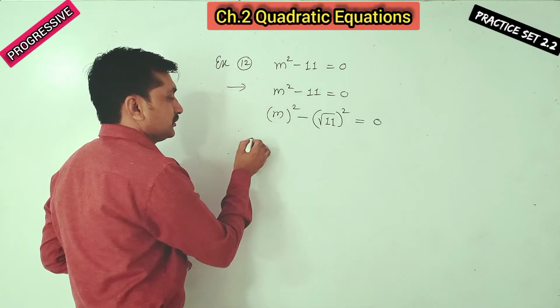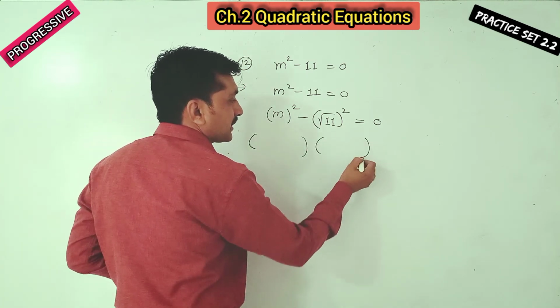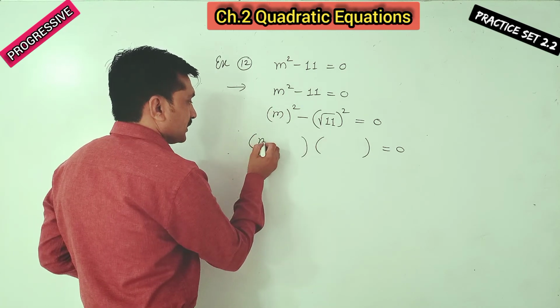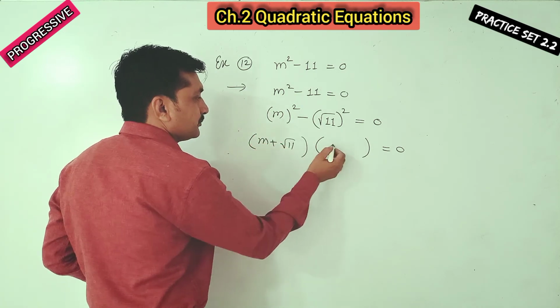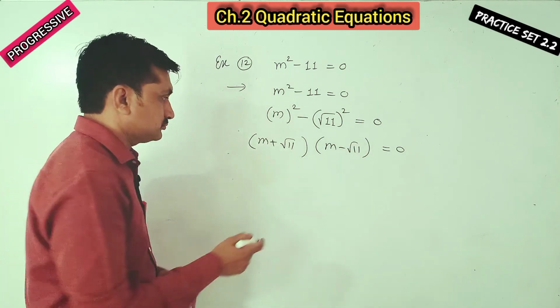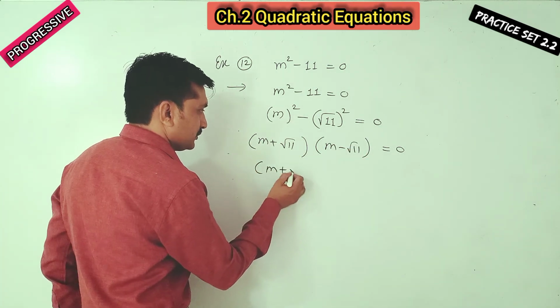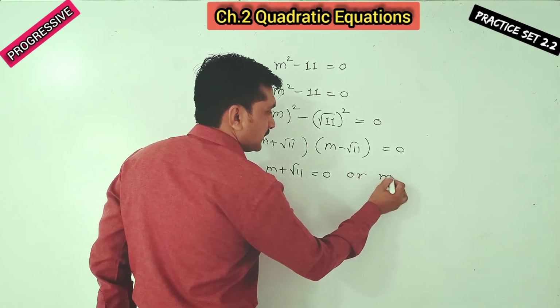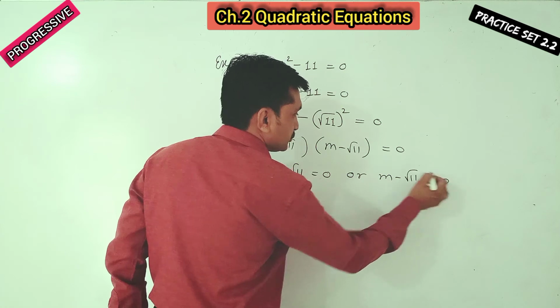Now the formula: in the first bracket addition, in the second bracket subtraction, equal to 0. First bracket, m plus root 11. Second bracket, m minus root 11. Separate: m plus root 11 is equal to 0, or m minus root 11 is equal to 0.